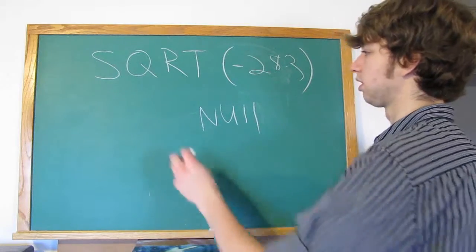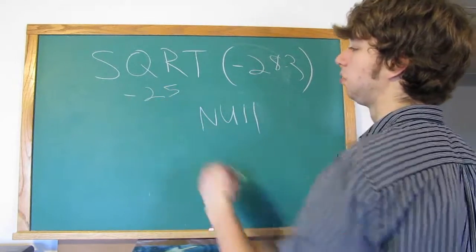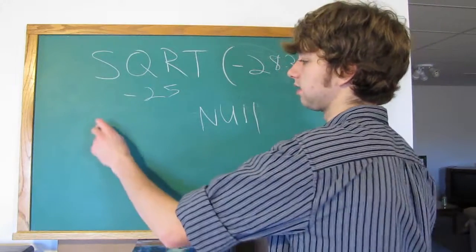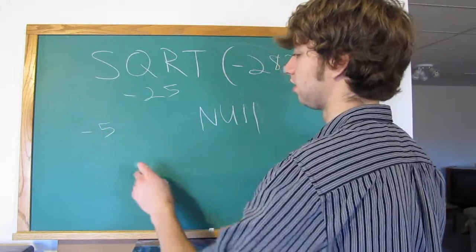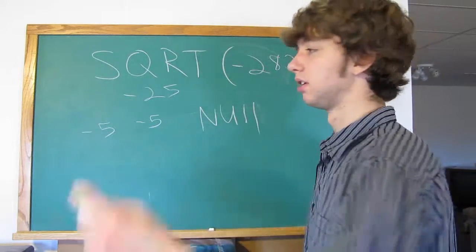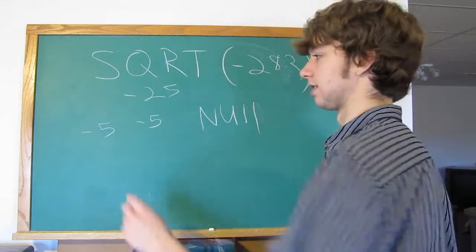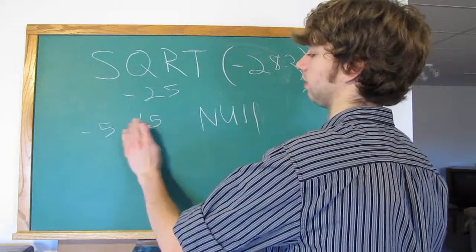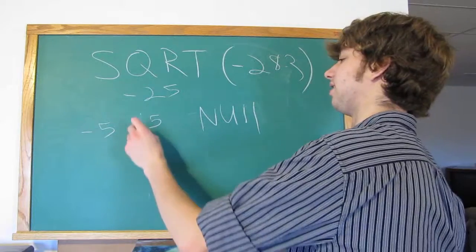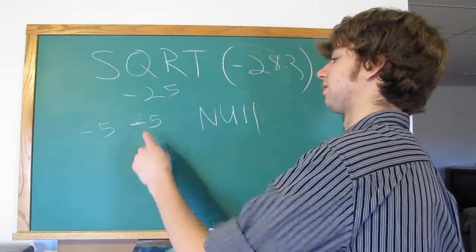For example, negative 25, what times itself equals negative 25? You might say, oh, negative 5, of course. Well, you might say negative 5 times negative 5.